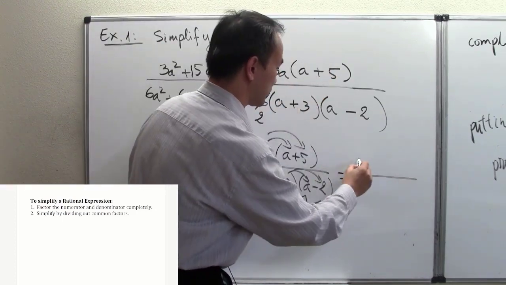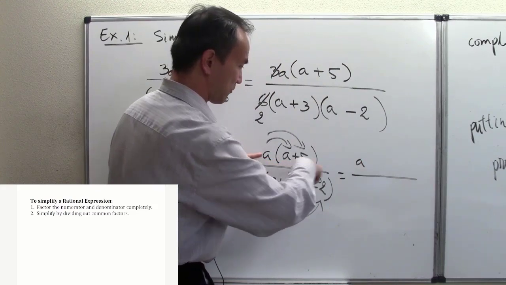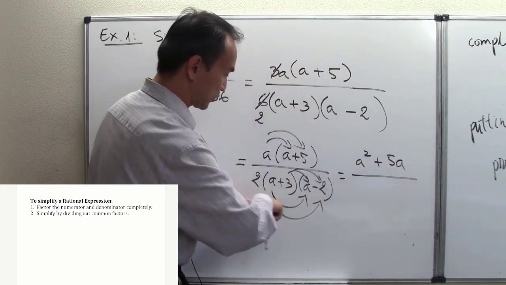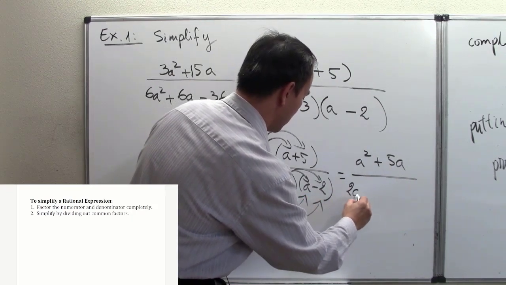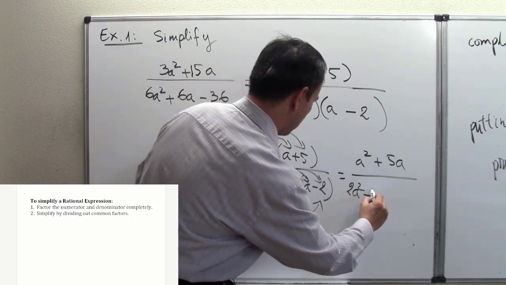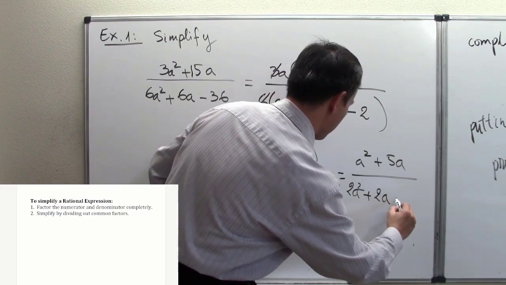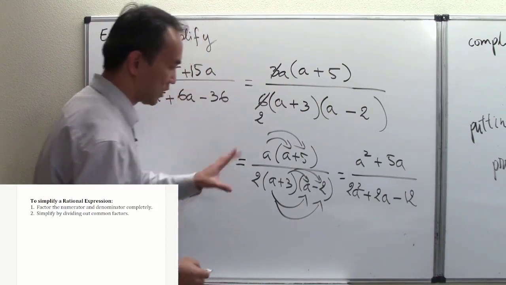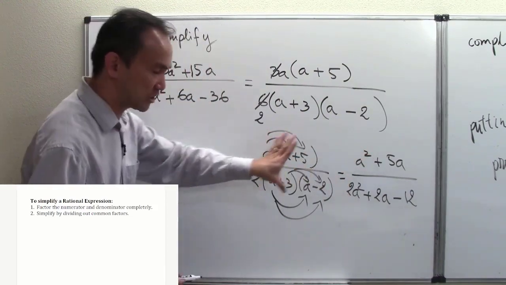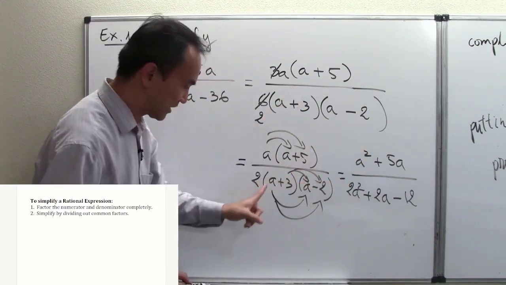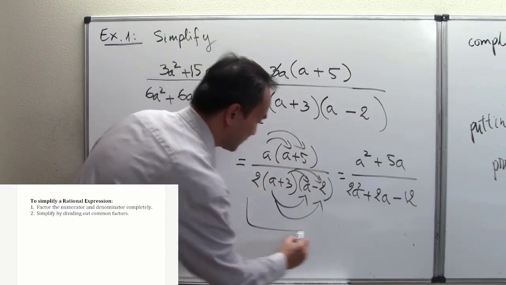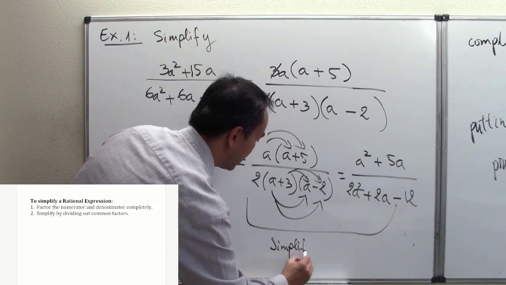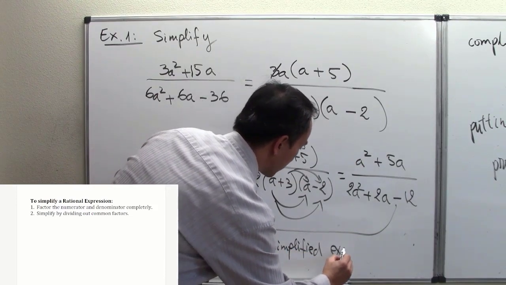So you could have also done multiplying a with each one of these terms. We got a squared plus 5a, and then multiplying through all of these, we're looking at 2a squared plus 2a minus 12. So either one of the two expressions here will be accepted as our final. Any one of these is the simplified expression.